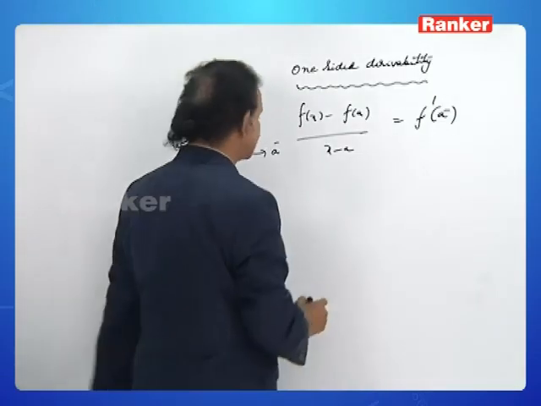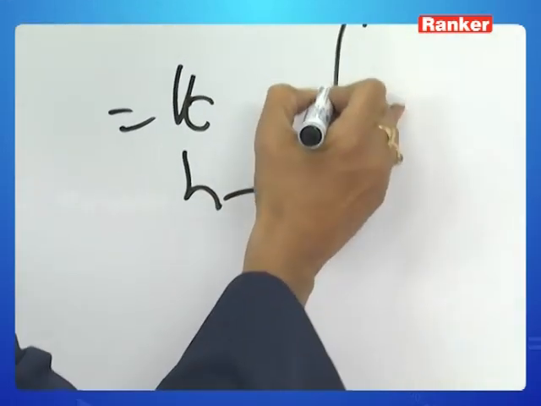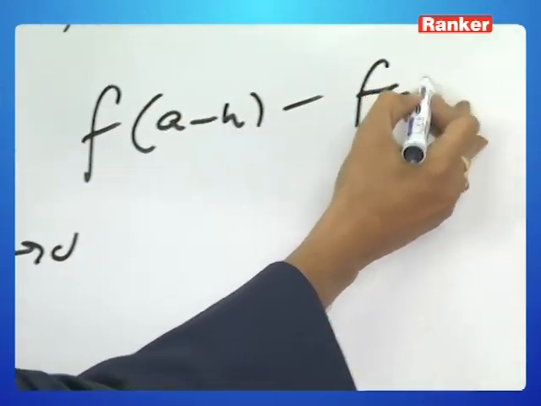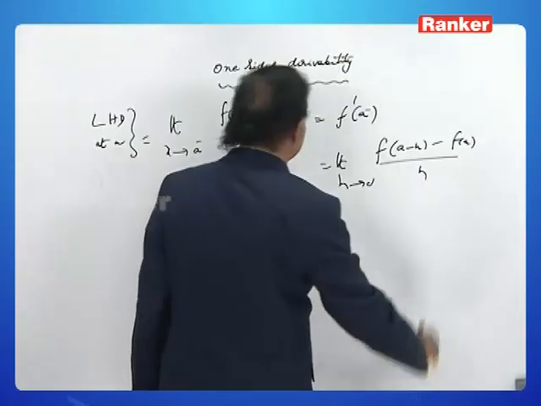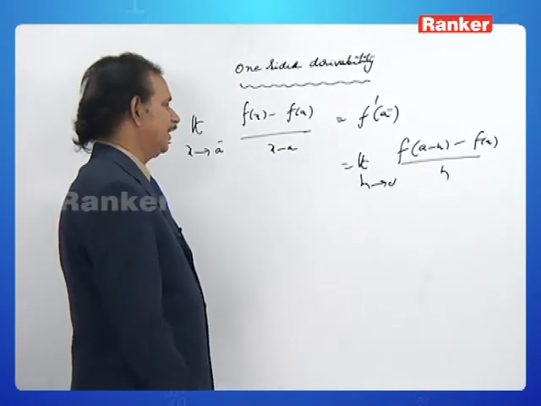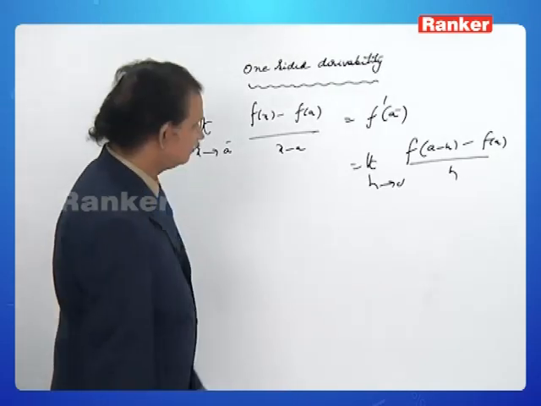Of course, this can again be taken as limit as h tends to 0 of f of a minus h minus f of a by h.